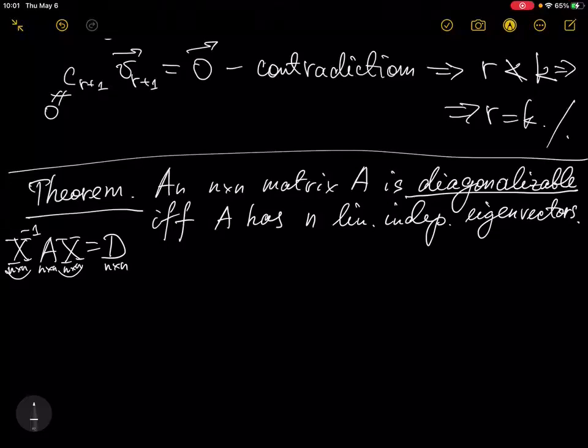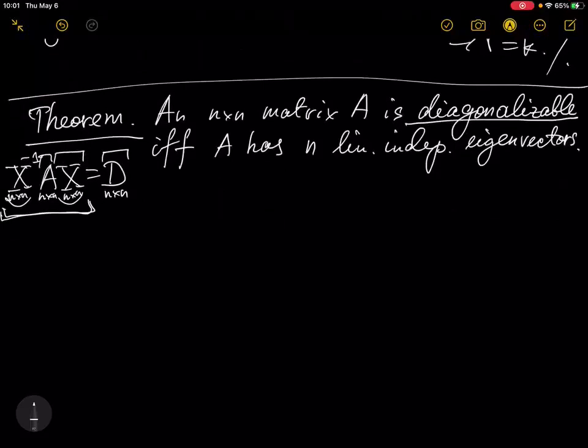And then you are switching into the basis of these column vectors of the matrix X. In the basis of these column vectors, the representation of your linear transformation, your matrix A, becomes a diagonal matrix. If you remember what you get when you change the basis, this is exactly changing the basis to the columns of this matrix X. Okay.